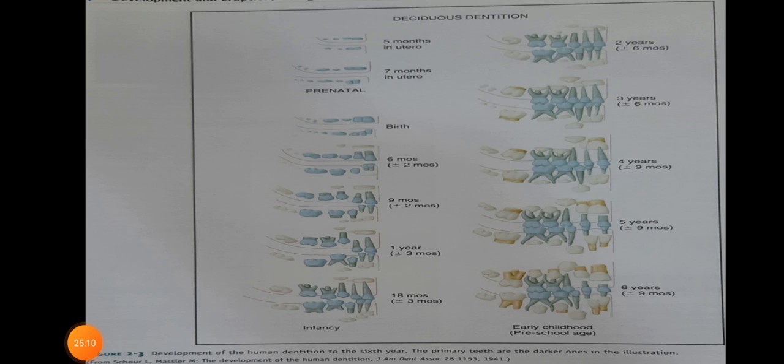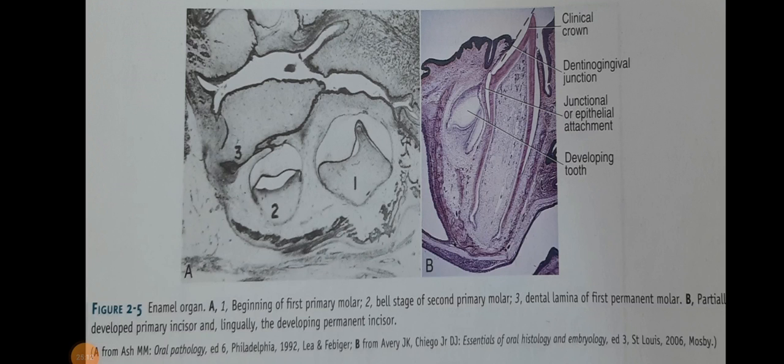Primary teeth, enamel organs, you can see in Figure 2.5, do not all develop at the same rate. Some teeth are completed before others are formed, which results in different times of eruption for different groups of teeth.